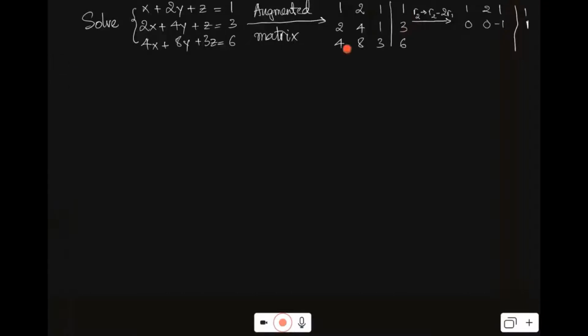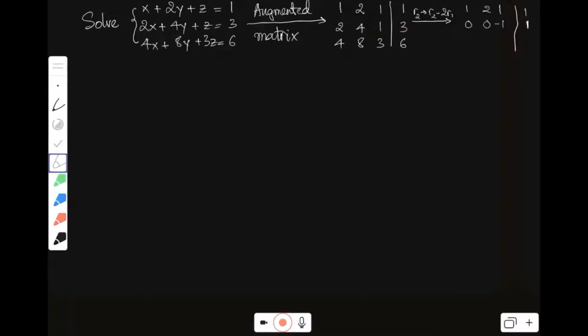Now, in order to make the number 4 here become 0, we have to make changes on row 3. So we will change row 3 into row 3 minus 4 row 1. And so you are going to have 0, 0, -1, 2.